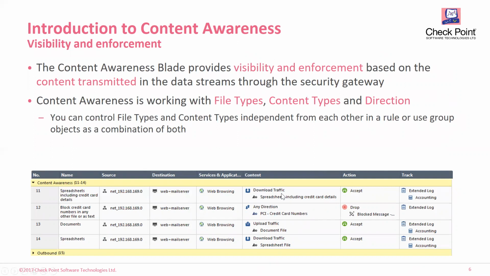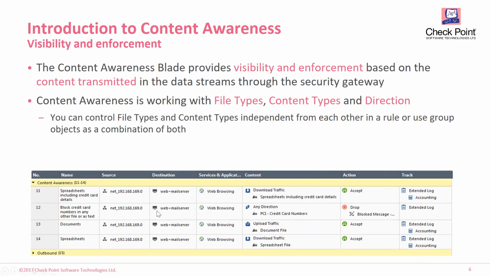We're going to allow users through web browsing to download traffic that has spreadsheets including credit card details. And then after that, we're going to drop any other spreadsheet files or any other type of files in any direction that have PCI credit card numbers in them.